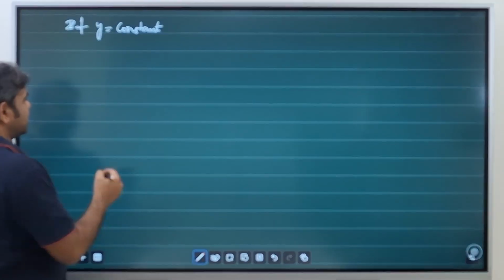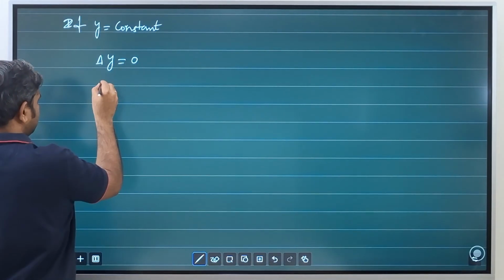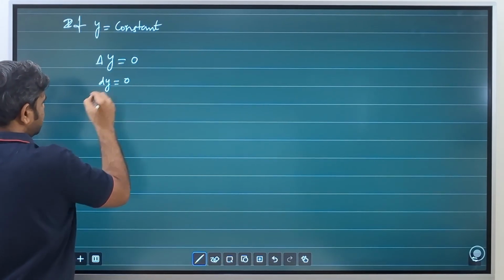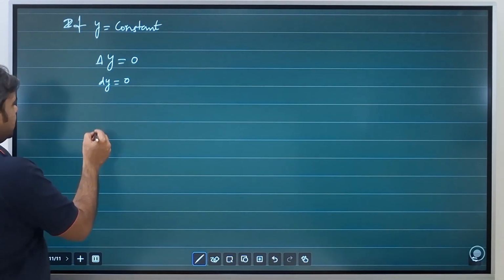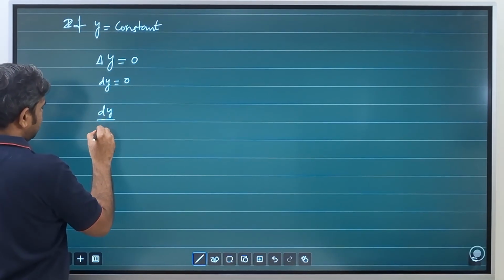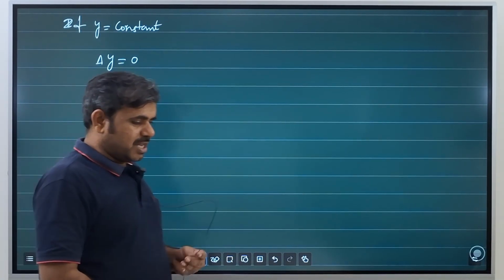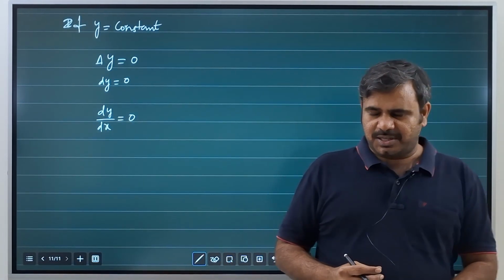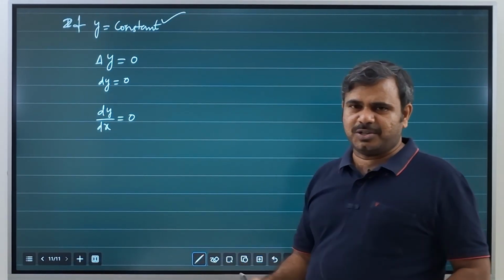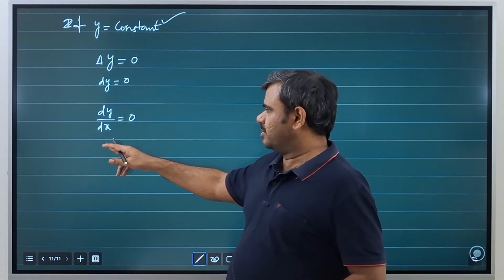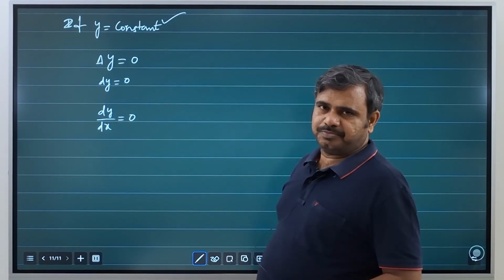If y is a constant, change in y for any amount of change in x is always 0. Whether you take small change in y or large change in y, it is not changing. We are saying it is a constant. So dy is 0, it means dy by dx is also equal to 0. Dy means what? A small change in y. We are saying y is a constant. So a small change in y is 0. Numerator is 0. Derivative of y with respect to x is equal to 0.